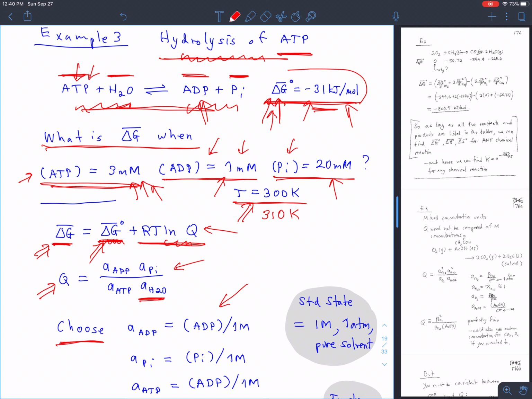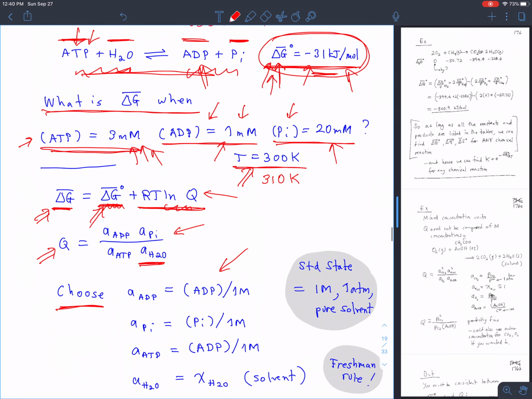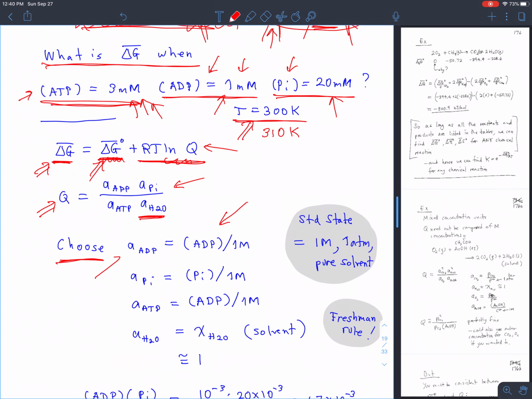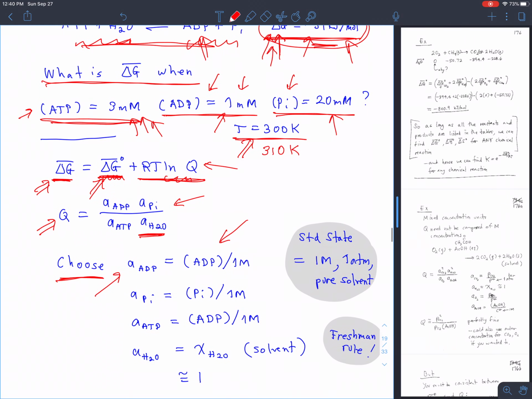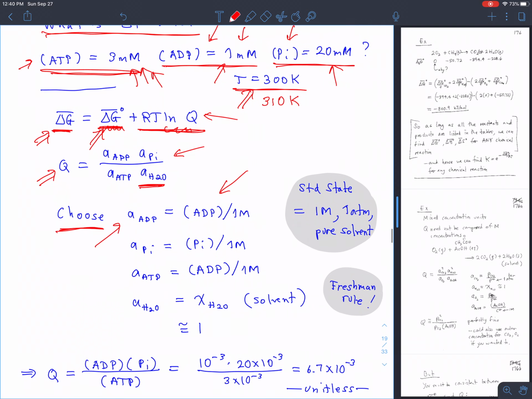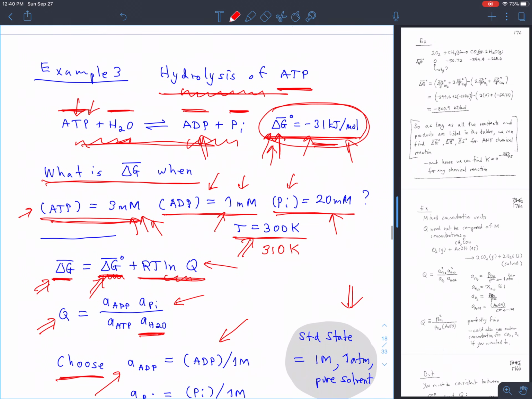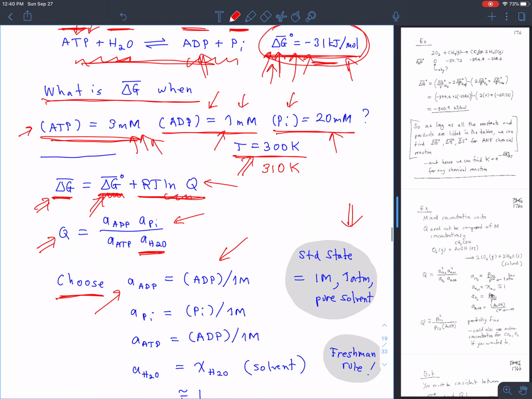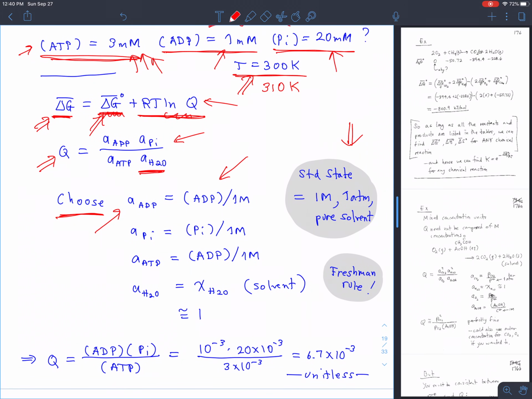This delta G value that I chose up above assumes a certain standard state, and we have to choose definitions of the activity that are consistent with that standard state. So the standard state that applies for this particular choice of delta G is that you're at 1 molar concentrations for all species, that all pressures are at 1 atmosphere, and that the solvent is pure.